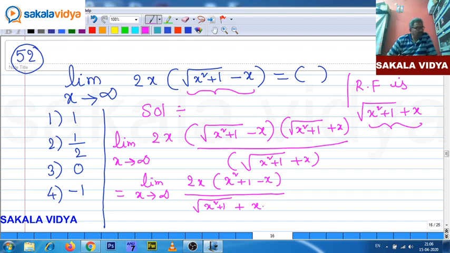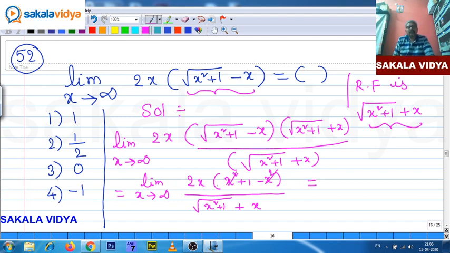Something is there, I need to check it. X square, please check. X square plus 1, yes, this is x square, absolutely correct. Now this is a minus b into a plus b, so x square gets cancelled.